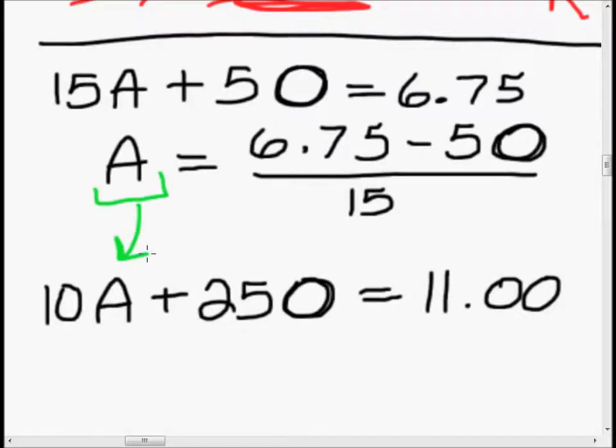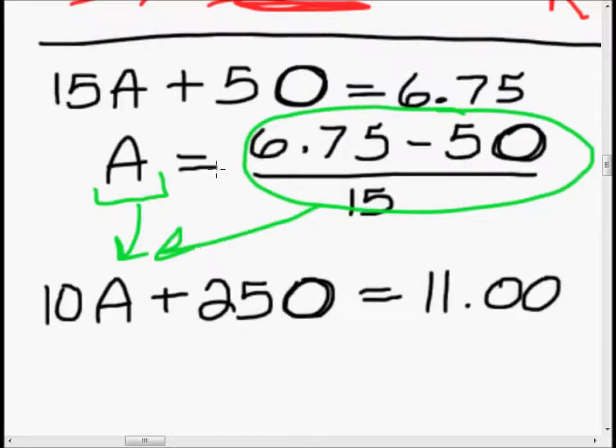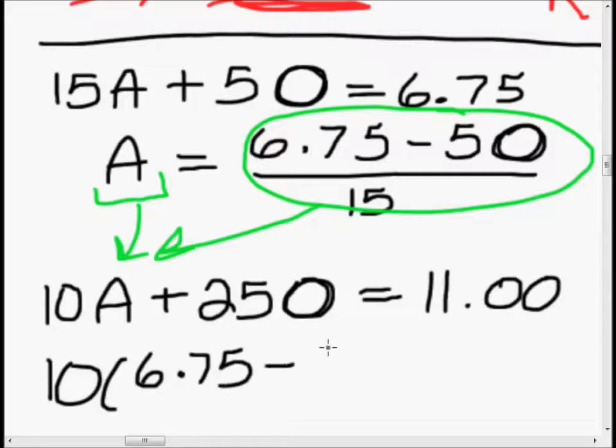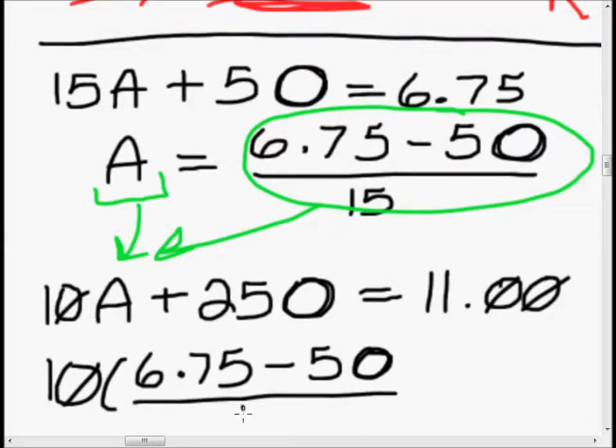All this stuff gets plugged right in there. Plugging this value in for A gives us 10 times 6.75 minus 5 oranges. Whoops, I keep forgetting my slashes. Over 15.